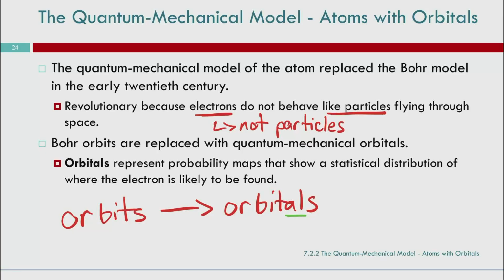So where we had those nice, neat tracks that our electrons were flying around on, our orbitals are probability maps. For us, we can just think of them as shapes. Not shapers, shapes where our electrons live.